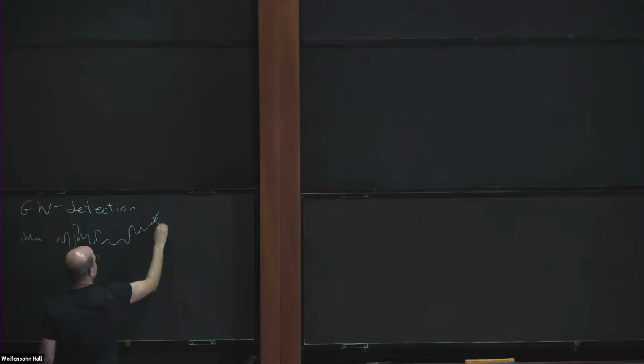I'm going to explain the part where you take some data, and you somehow see that maybe that thing is the gravitational wave you are looking for, okay? So we'll go from data to detection.